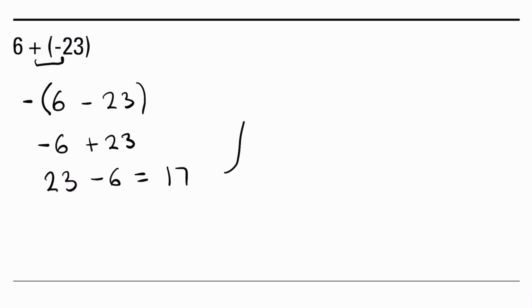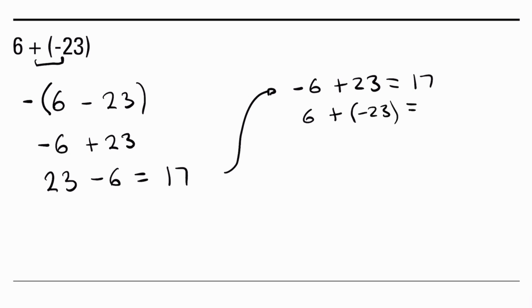So we could say negative 6 plus 23 equals 17, which is the opposite of 6 plus negative 23, which would therefore equal the opposite of 17, which would be negative 17.